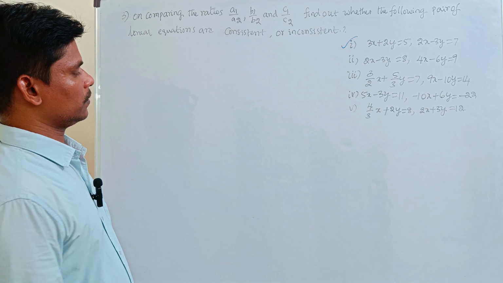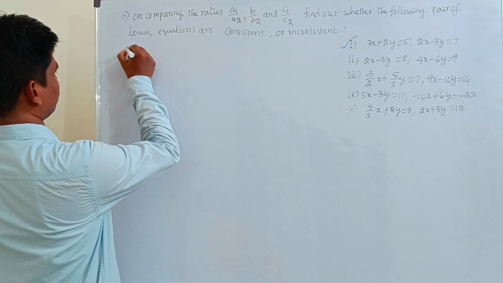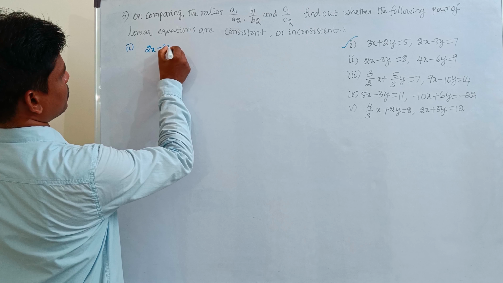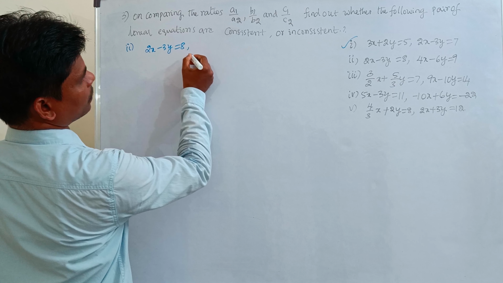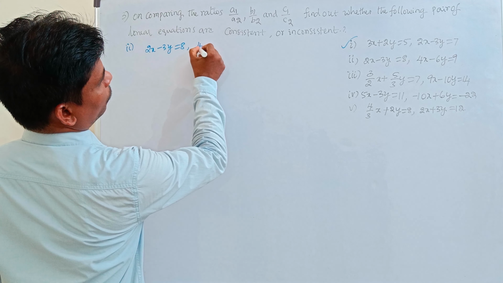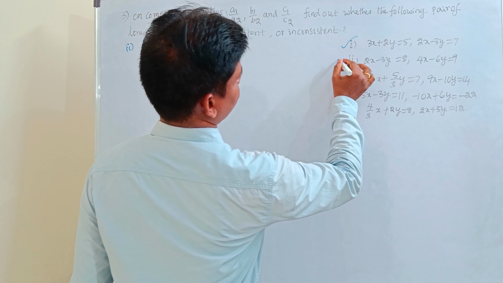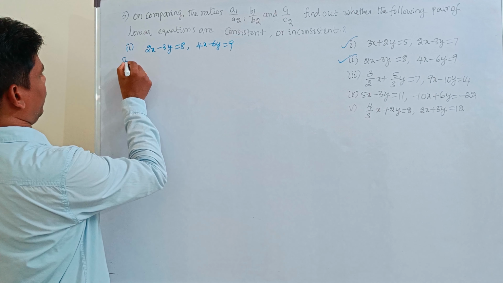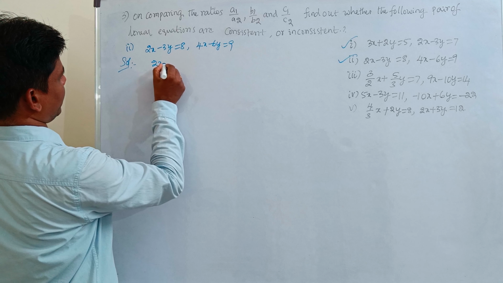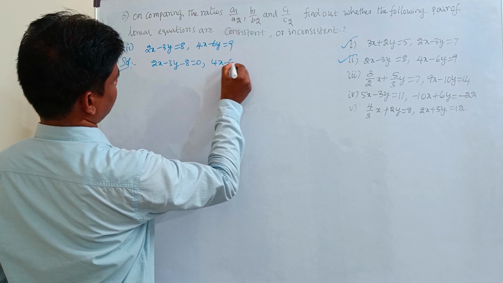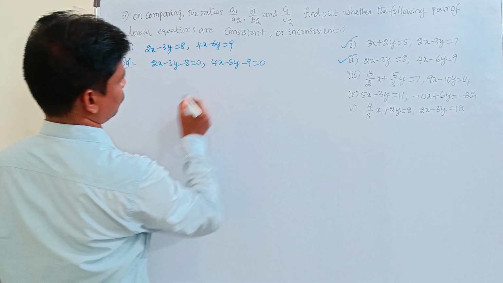Next, second one: 2x minus 3y is equal to 8 and 4x minus 6y is equal to 9. So here I write 2x minus 3y minus 8 is equal to 0, and 4x minus 6y minus 9 is equal to 0.